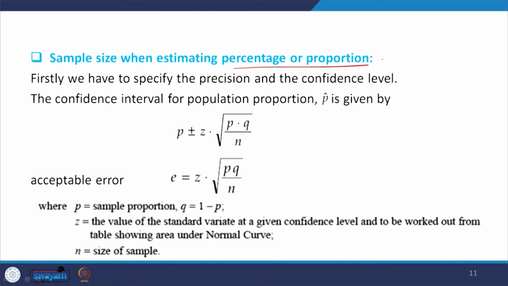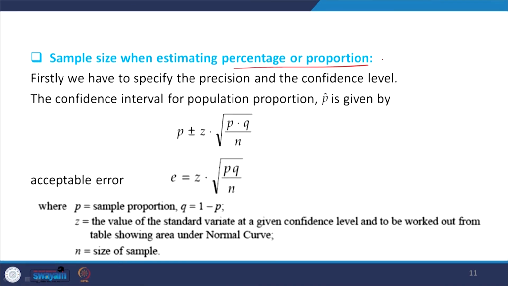When your population is not normal, and you cannot convert that population to a normal distribution, it will be a Poisson-type distribution, with P and Q, that is probability of success and probability of failure, where 1 minus P, that is Q, is given. Then it is not easy to apply the same rule we have derived.